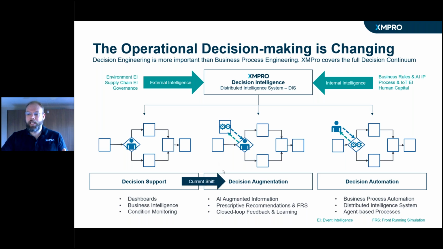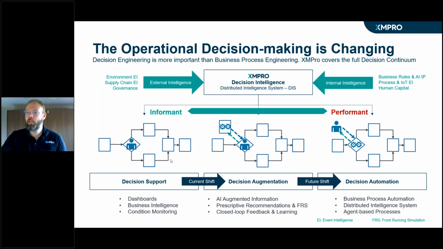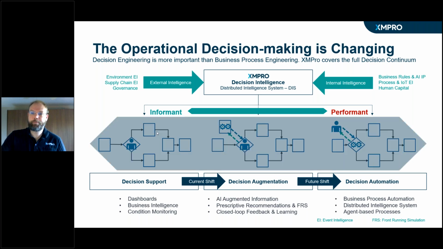The current shift, everyone is moving towards decision augmentation, and we see the future shift moving towards decision automation as well. So we're generally evolving and moving from an informant to a performant state.